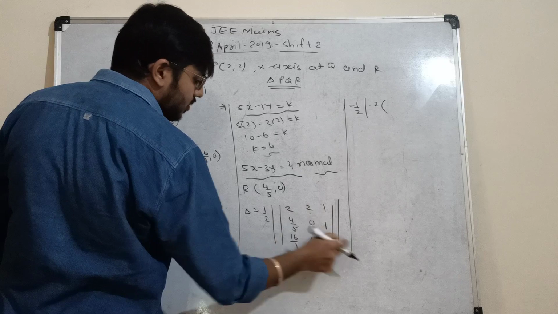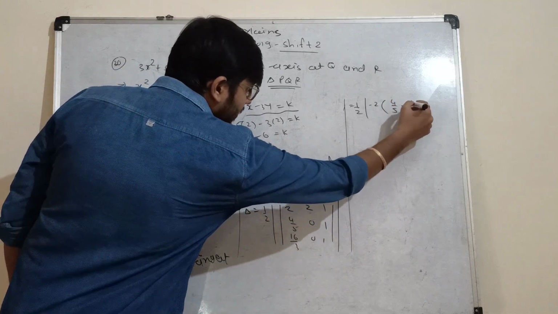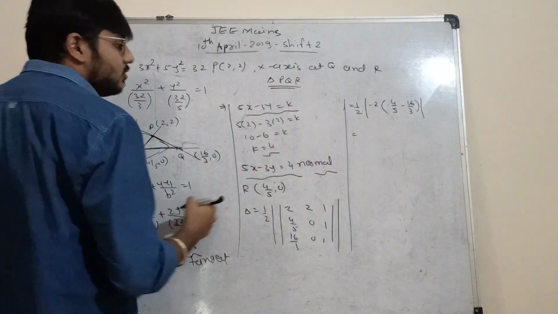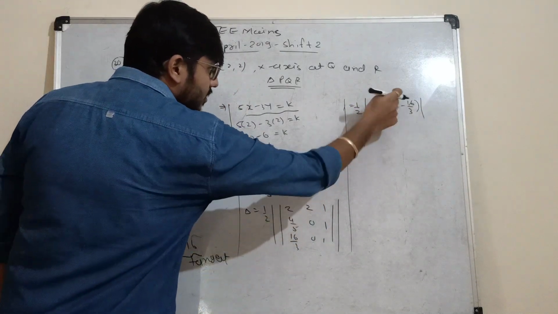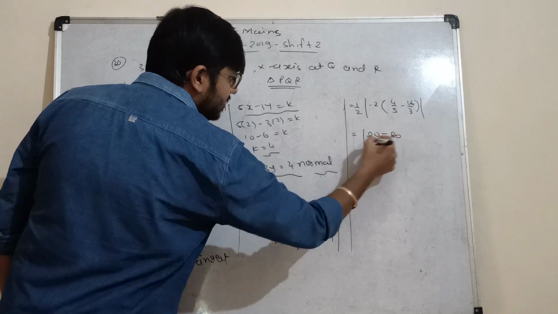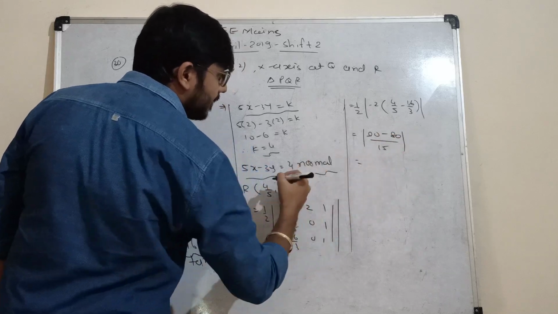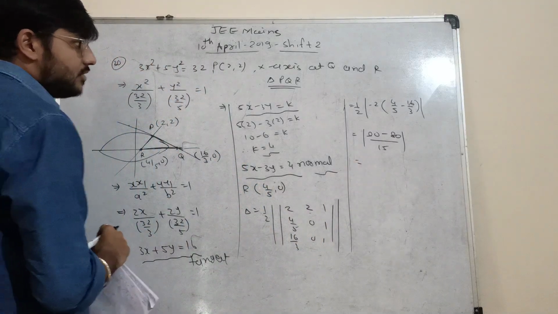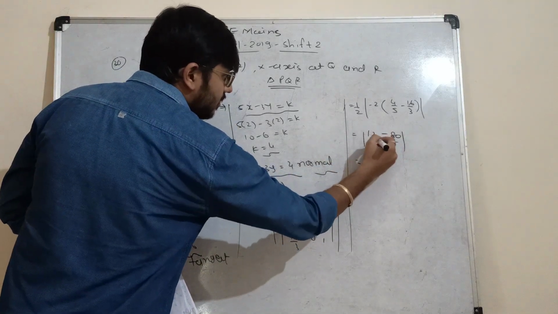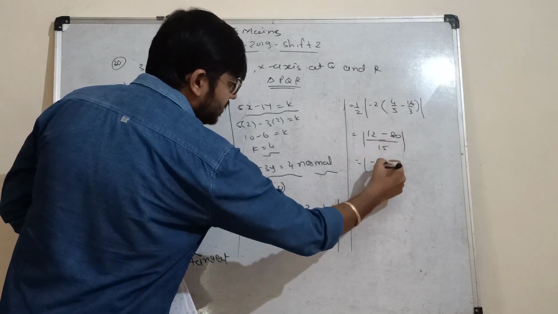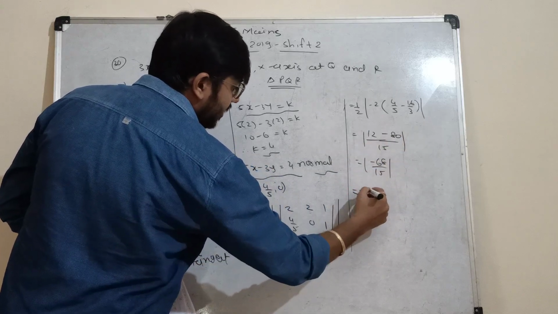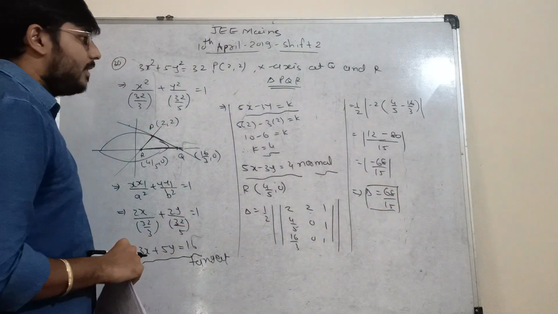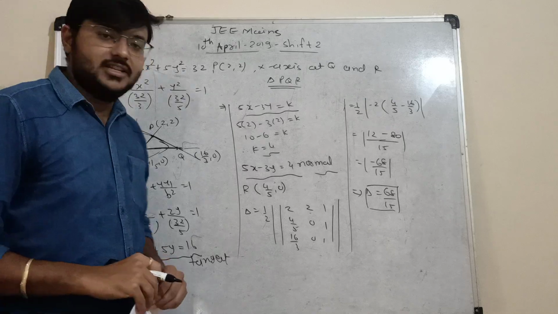So minus 2 into 4 by 5 minus 16 by 3. The 2 cancels. It's mod of 12 minus 80 by 15, so it's minus 68 by 15. So the area will be plus 68 by 15, right? So this will be your answer. Okay.